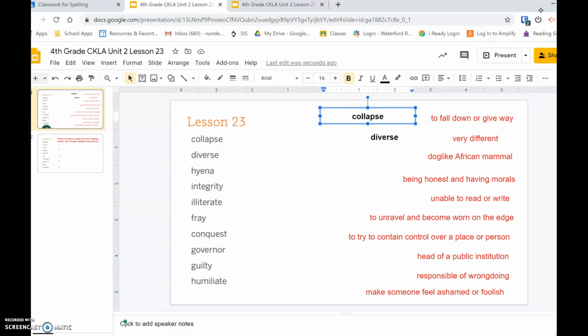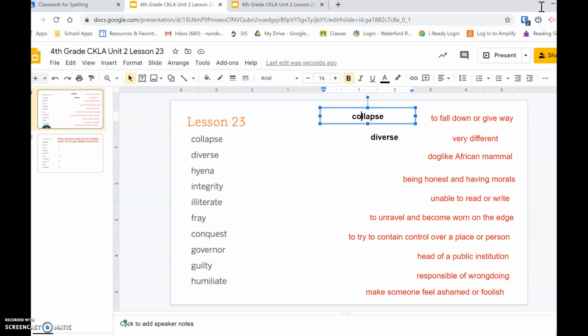So anyway, you're going to write what each of these words mean and put them in the box next to them. I am going to switch them up on your slides, so your slides won't be in this order, but you'll type the word that matches the definition. So to fall down or give way would be collapse. Very different is diverse.